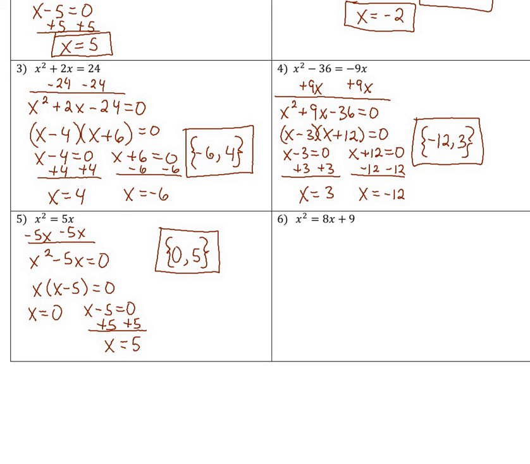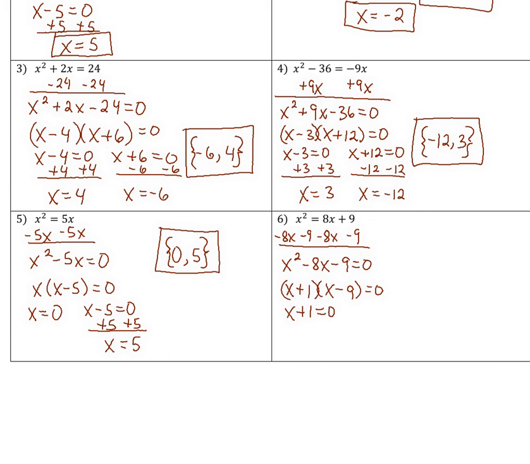All right, finally on this last one, so now we're going to have to subtract that 8x and that 9 from both sides, giving us x squared minus 8x minus 9 equals 0. We need two factors of negative 9 that add up to negative 8, and that will be positive 1 and negative 9. Still set equal to 0.